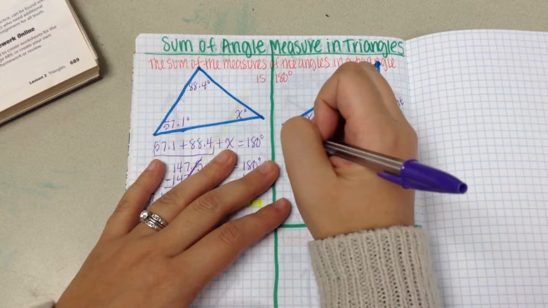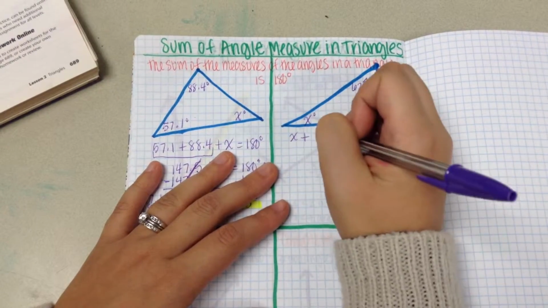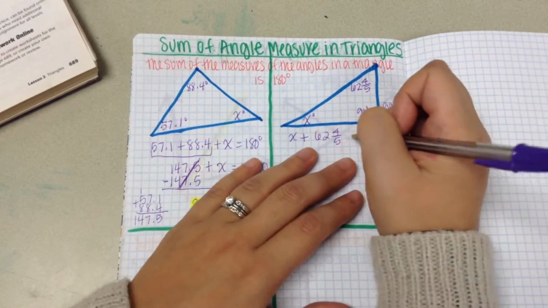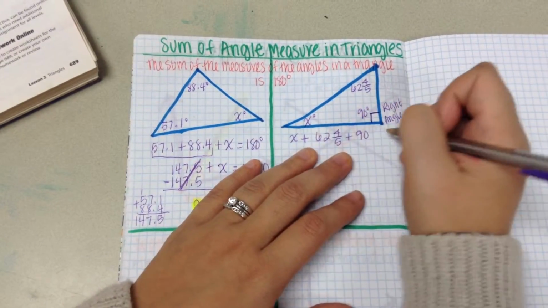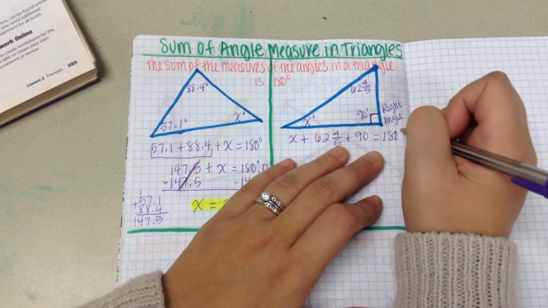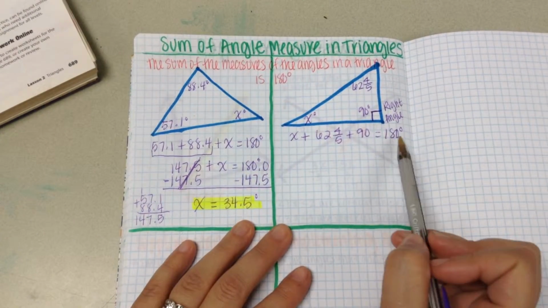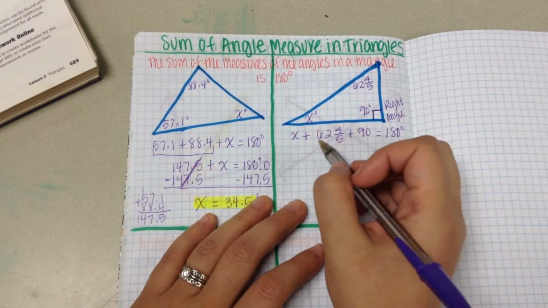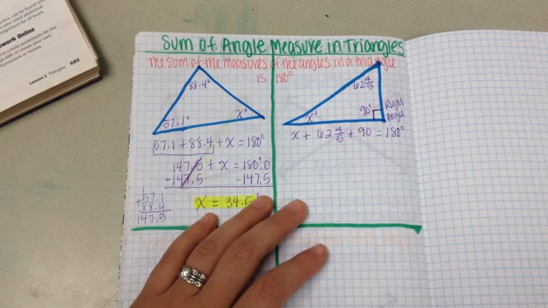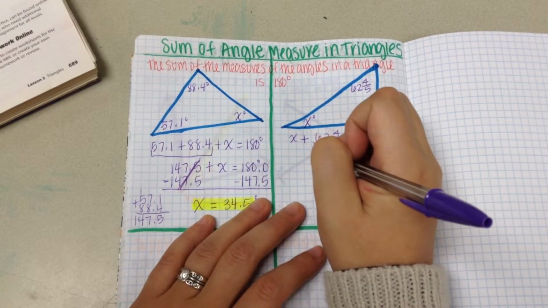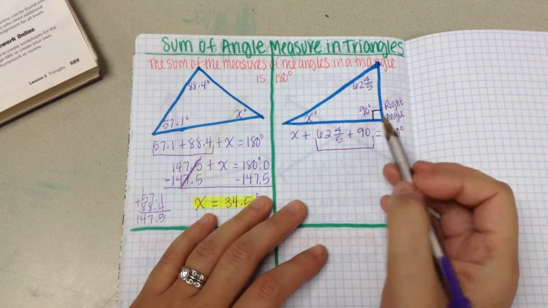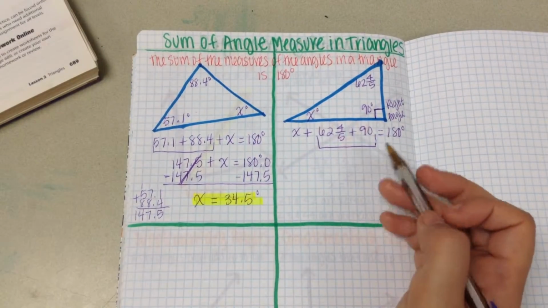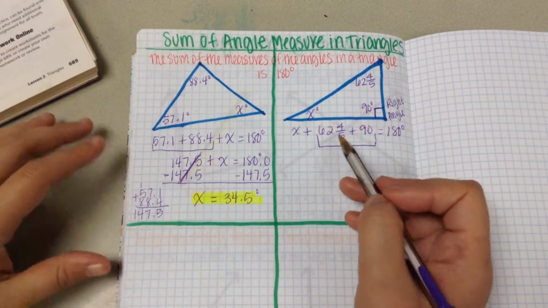So again, we have x plus 62 4/5 plus 90 has to equal 180 degrees. Again, the total is always 180, no matter what. So we're going to add these together. So 9 plus 6 is going to be 152.